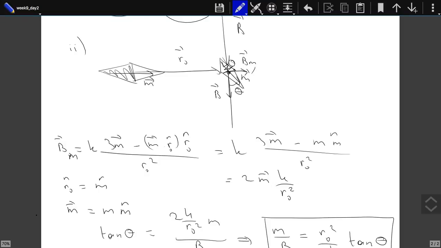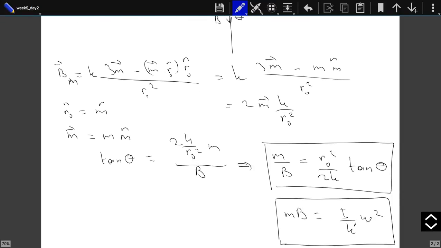And that frequency allows me to determine the product of the magnetic field and this magnetic dipole moment, magnetic induction and the dipole moment. This is my first experiment. Then I do my second experiment. In the second experiment, I already know that the magnetic field is in this direction. I take my dipole, fix it perpendicular to the magnetic field.